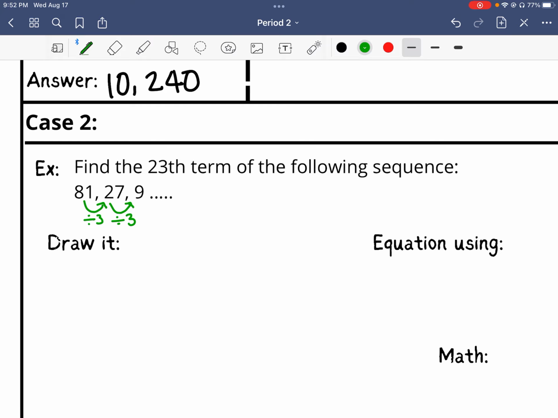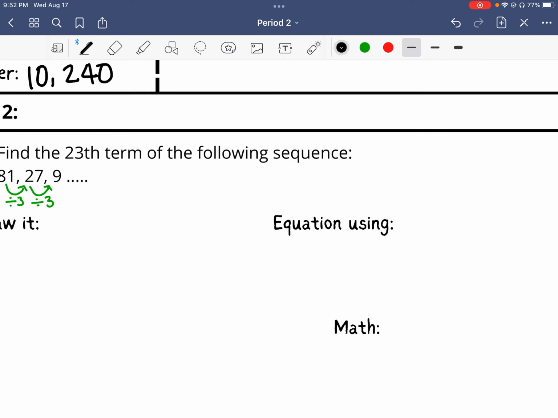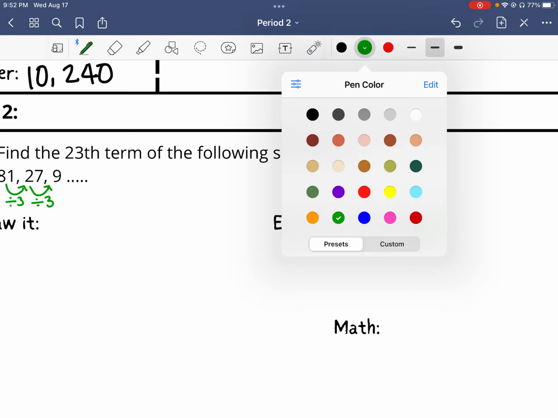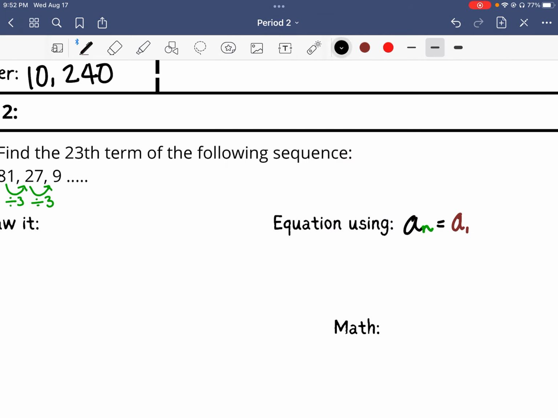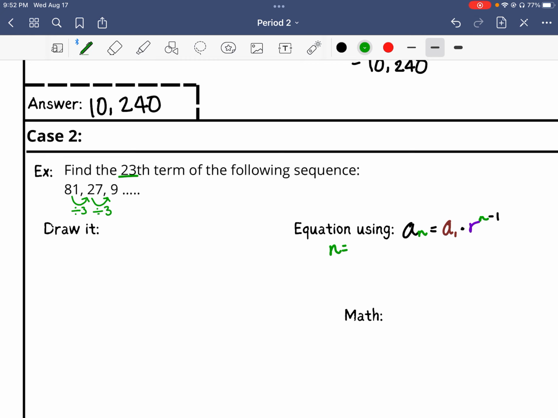The equation we are using, because this is a geometric sequence, is again the one we all love: a_n equals a1 times r to the n minus 1. Let's find all these terms. N is the one we're looking for, which is 23. A1 is our very first term, which is 81.